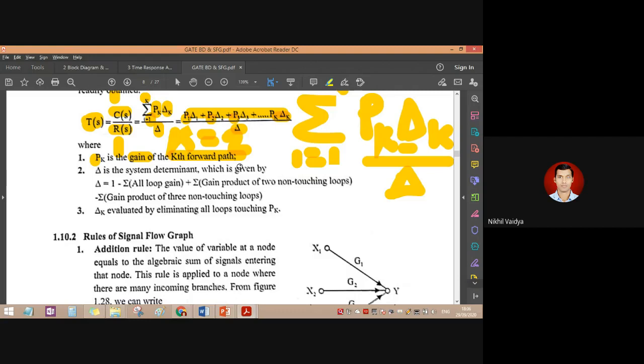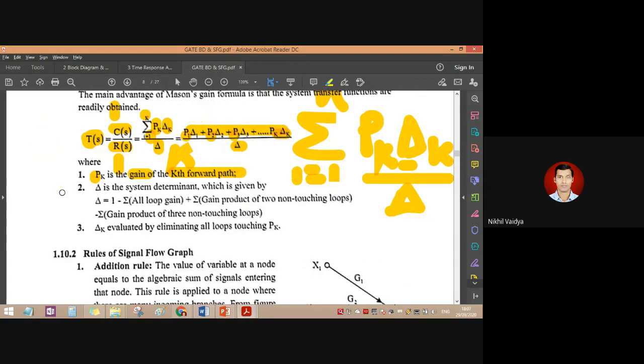Now what do we have to write as P1, P2, P3 in the above Mason's gain equation? In the numerator we write P1, which is nothing but the forward path gain. Whatever number of forward paths there are, that many forward path gains we obtain from this formula.